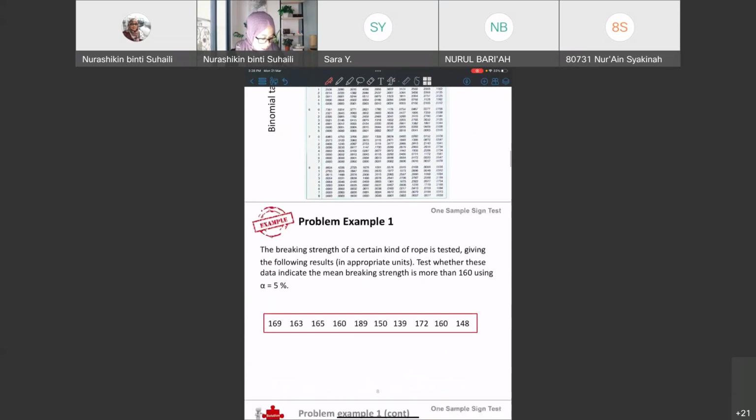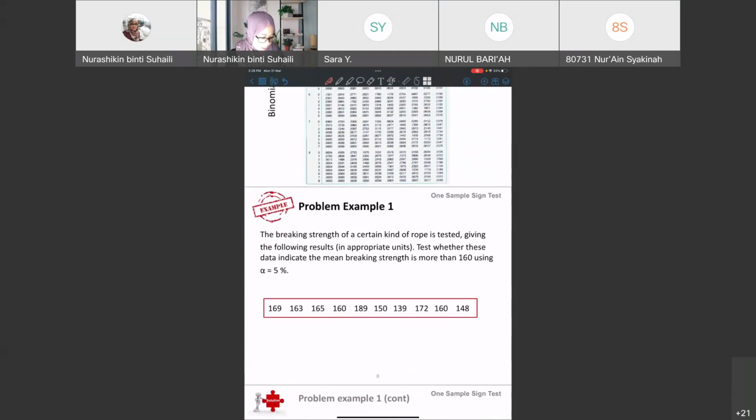Okay, let's have a look at one example to make it much clearer for you. The breaking strength of a certain kind of rope is tested giving the following results. Test whether these data indicate the mean breaking strength is more than 160 using alpha equal to 5%. So this data is given. This is a sample, right?